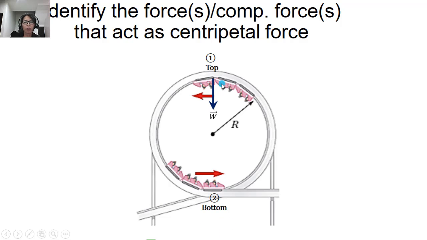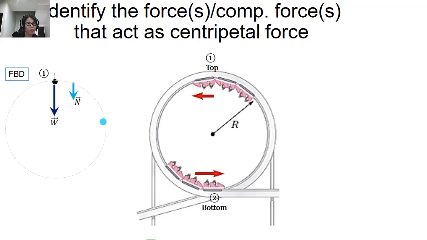So at the top positions, for the roller coaster or any object that goes around the loop, it will have weight straight downwards, and then because it is in contact with the track or the surface of the loop, perpendicular outward from the surface of the loop, we have normal force. So I redraw it in a FBD.